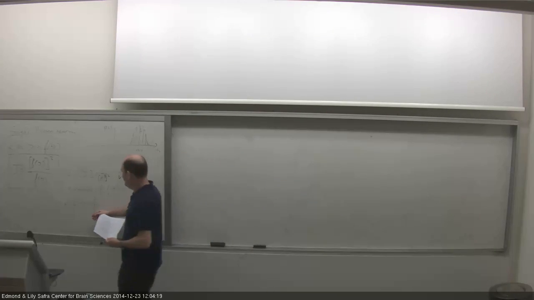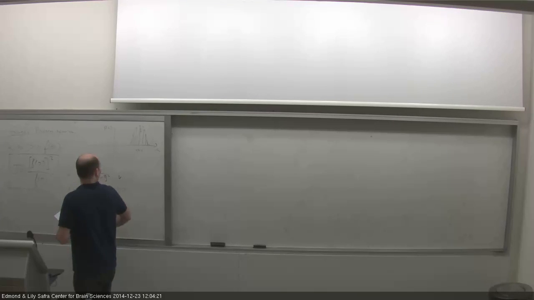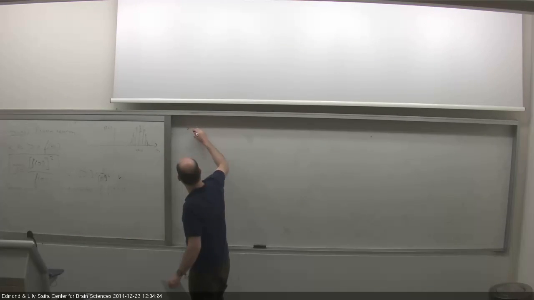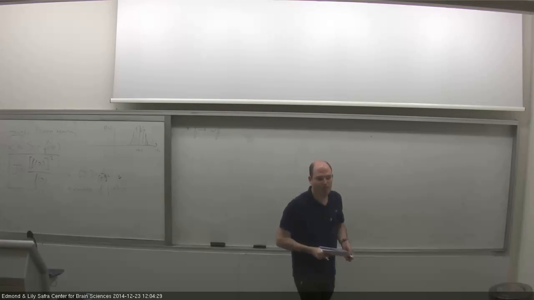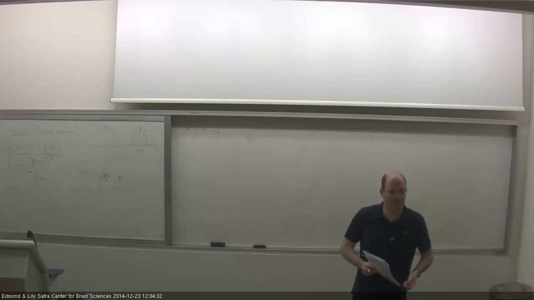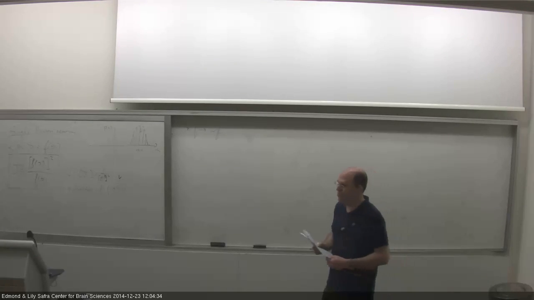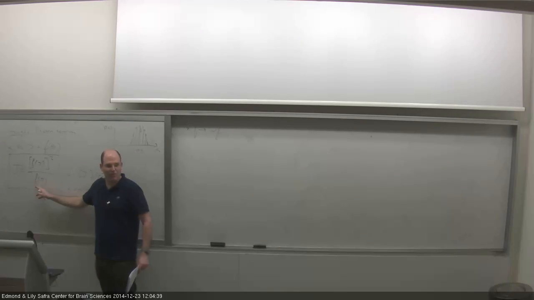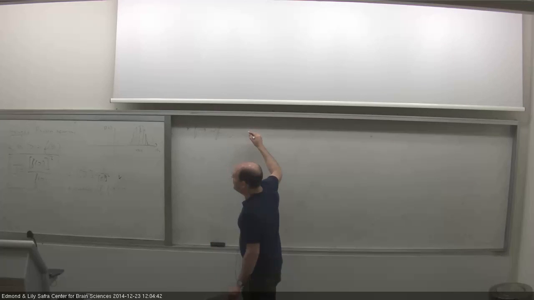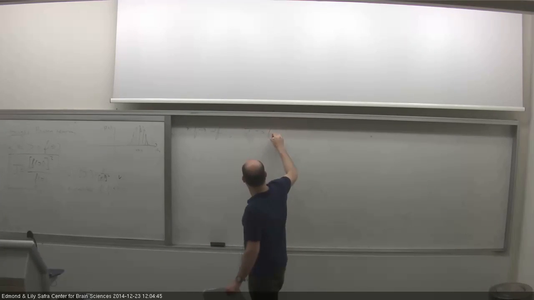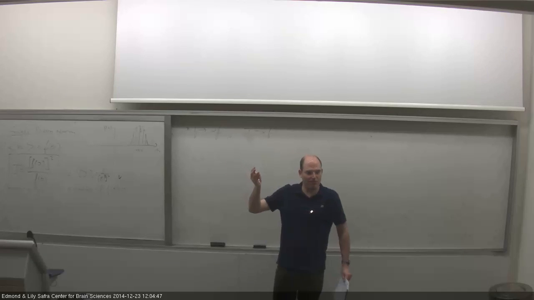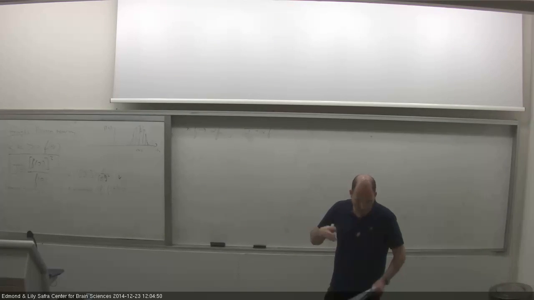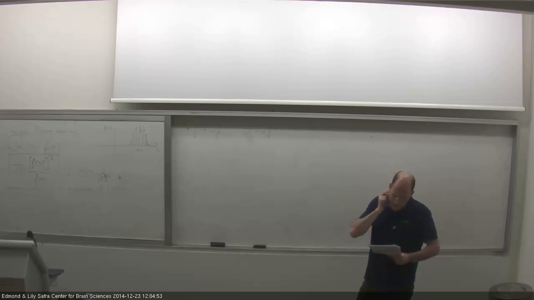So if f goes to alpha f, what happens to the Fisher information? It's also multiplied by alpha. We have a factor of alpha squared here, a factor of alpha there, so J goes to alpha J. So a neuron that fires twice as many spikes has double the Fisher information. I'll talk about the interpretation of this in a slightly different context in a moment.